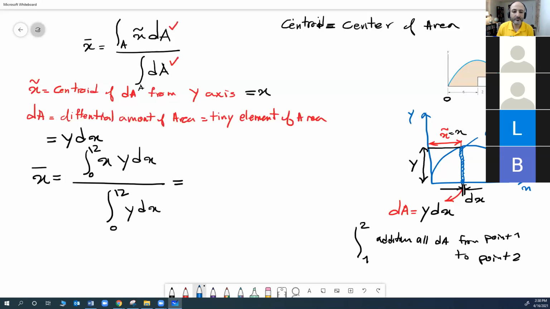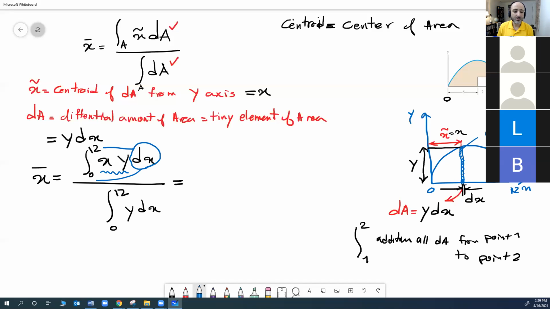You would want to substitute the equation in for y, so then you just have x's. Exactly. When your variable is dx, everything here should be based on x. One other helpful thing to tell you guys is that when your variable is x, the bounds of the integral are also in x. They move on the x-axis. We don't care about the y-axis. They start from 0, they go to 12.